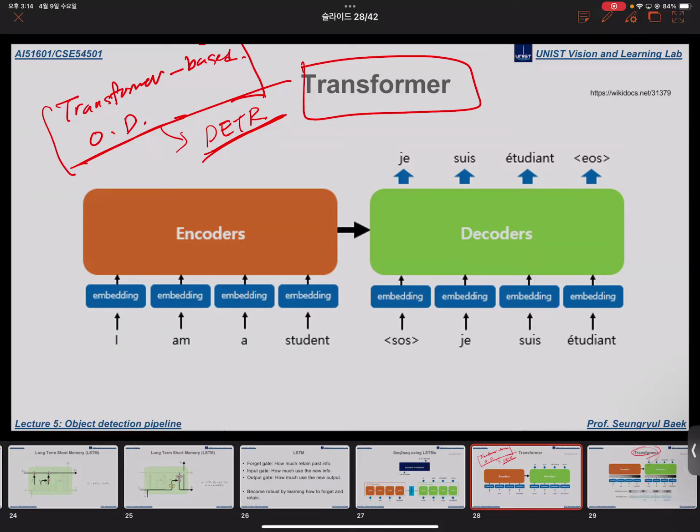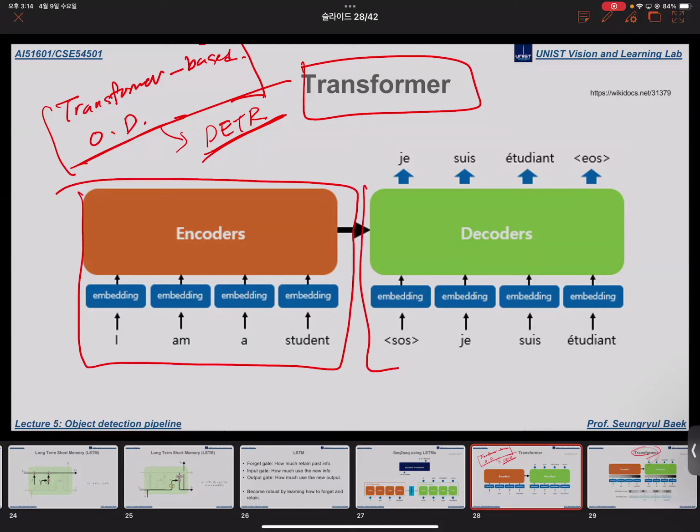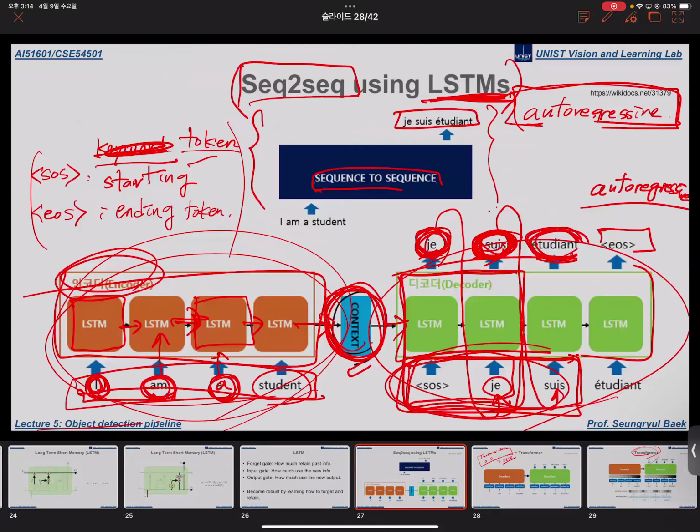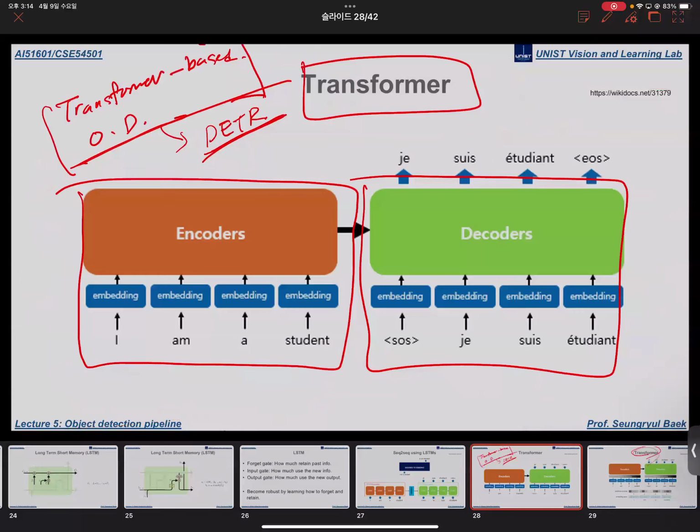So the encoder-decoder architecture works similarly here. Their overall architecture is similar to the previous sequence-to-sequence network composed of LSTMs. But inside this encoder and inside this decoder, their main operation is different from LSTM.